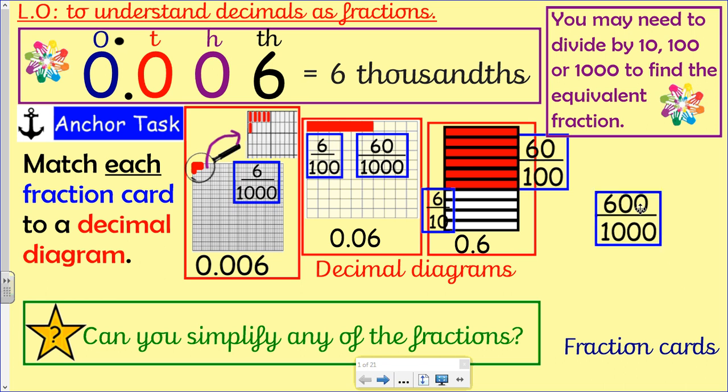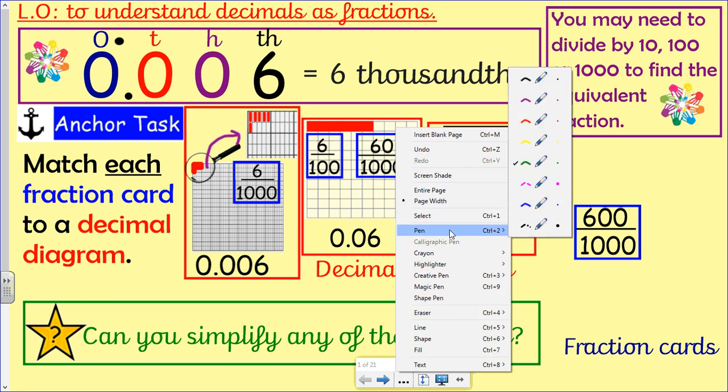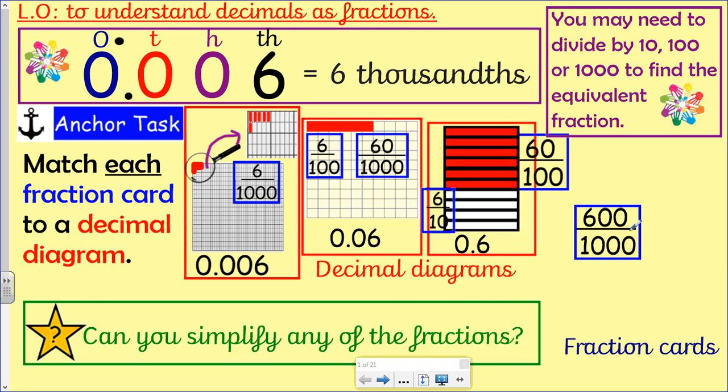Right, the last one. Now, you'd think it would match up with this 6 thousandths, but we will just have to check because I might have fooled you, which indeed I do. So this one, I can divide the numerator by 100, that'll give me 6.